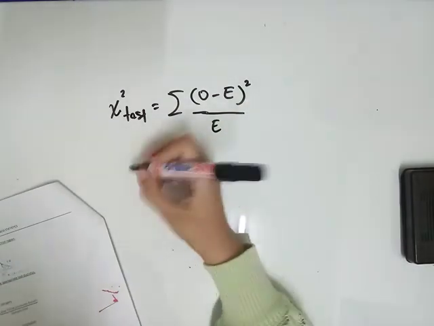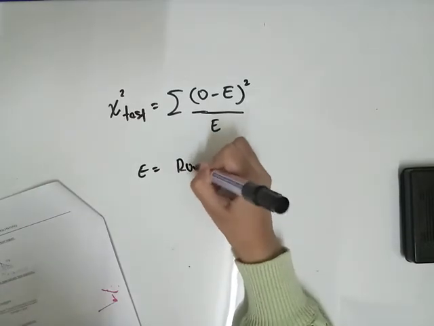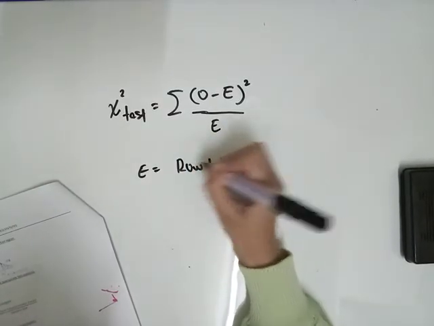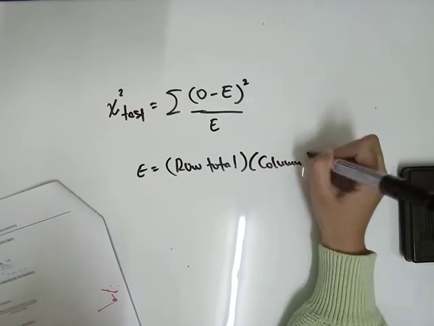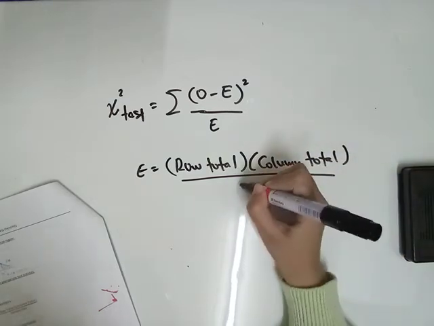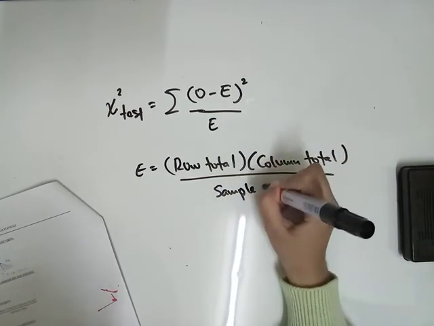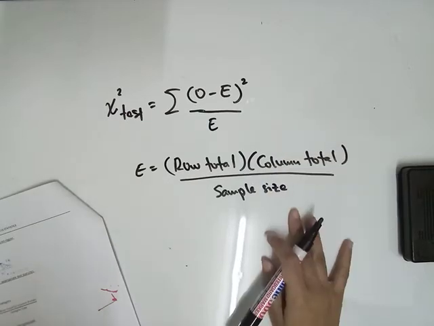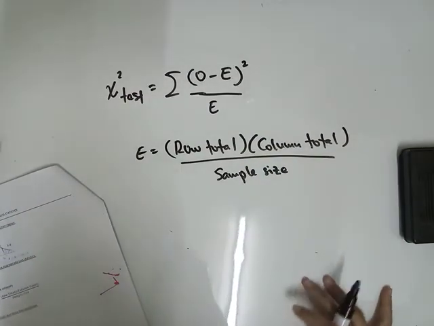How to calculate the expected frequency? Row total times column total, divided by sample size. So this is the formula to calculate the chi-square test.